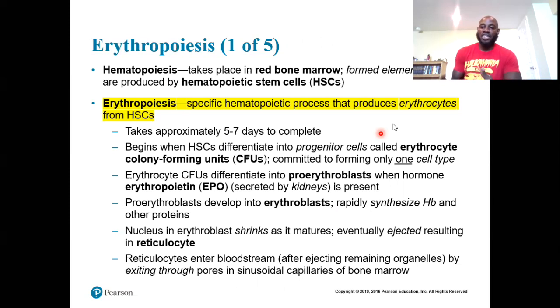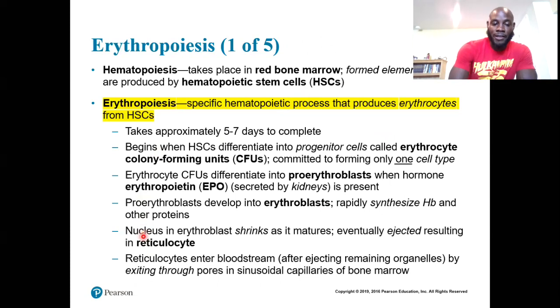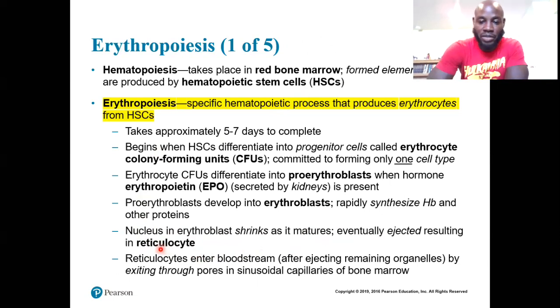You don't need to understand every step in this process, but I do want you to point out, as we mentioned before, right here in this step, the nucleus in the erythroblast shrinks as it matures, eventually ejected, resulting in reticulocytes in the bloodstream after ejecting remaining organelles.